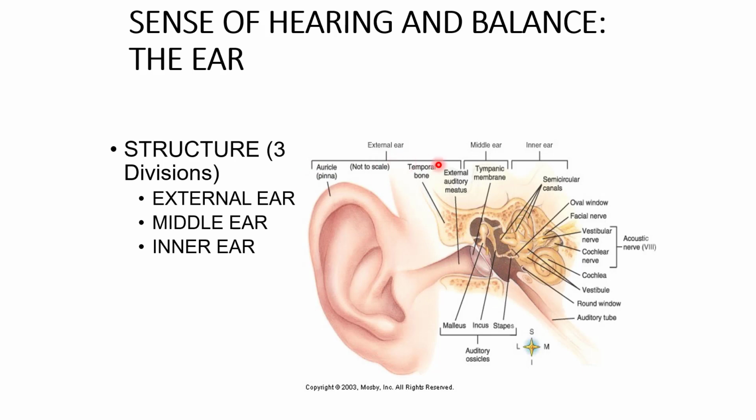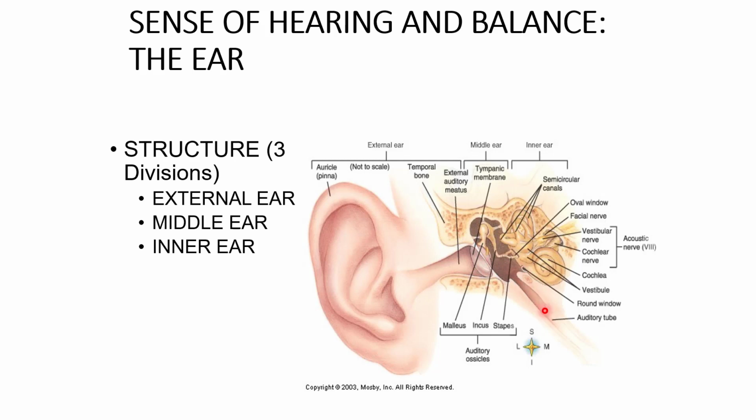Up to here is the extent of the external ear, which includes the auricle or pinna and the external auditory canal. Then this much is the extent of the middle ear, which is quite small, and it is connected to the external auditory meatus by the tympanic membrane.